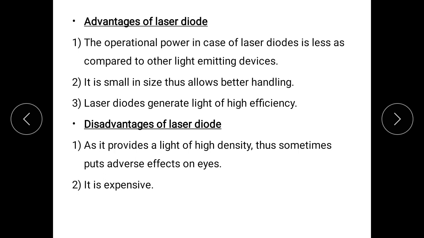Third, laser diodes generate light of high efficiency. But there are also some disadvantages of laser diode. First, as it provides light of high density, it sometimes has adverse effects on eyes. And second, it is expensive.